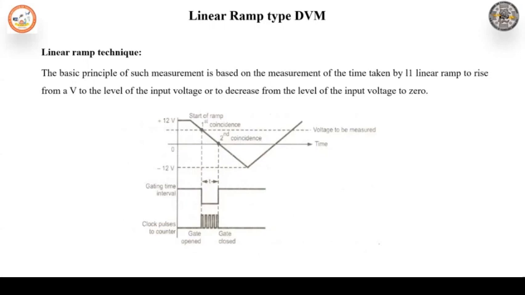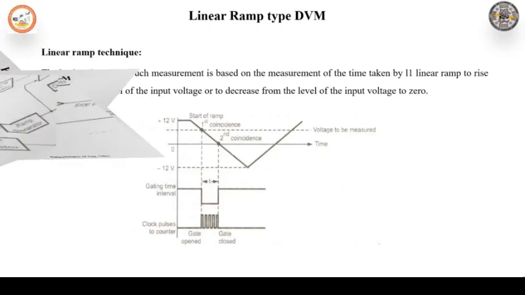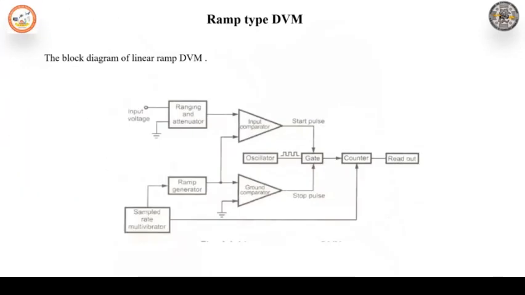The magnitude of the count indicates the magnitude of the input voltage, which is displayed by the display. You are seeing the block diagram of the linear Ramp type DVM, students. You can see the block diagram here.